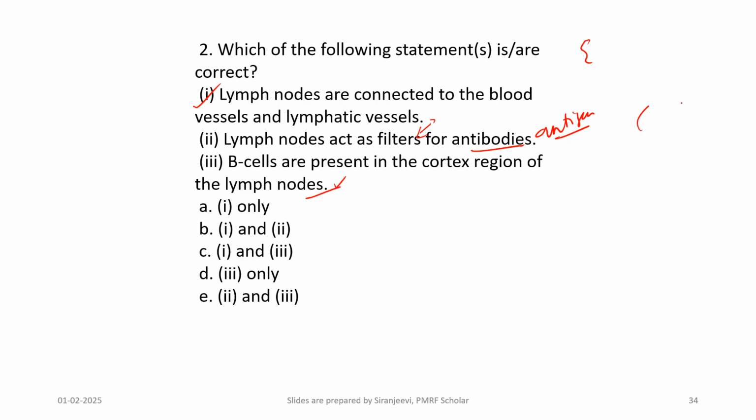We said there are three structures: cortex, paracortex, and medulla. The cortex region is rich in B cells, then the paracortex is rich in T cells. So lymph nodes act as a filter for antigen, not antibodies. So option C is correct, 1 and 3 are correct. Understood?